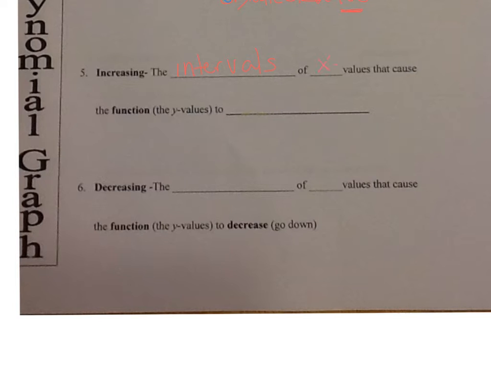Okay, or in parentheses, you could put here, go up. All right, and number 6 says decreasing. That's the intervals, and I say intervals because it could be more than one, of x values that cause the function, the y values, to decrease or to go down.